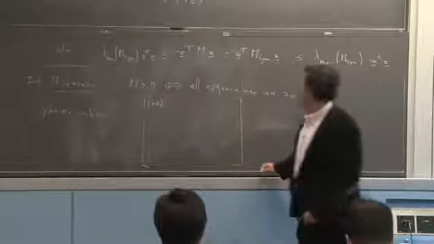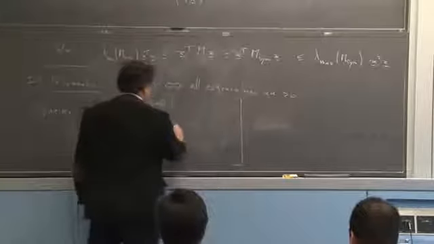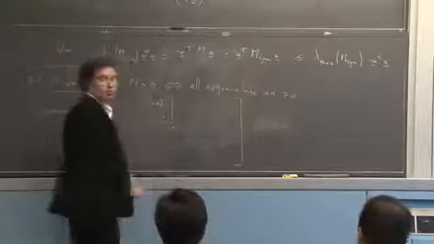Then you look at the 2 by 2 determinant that follows. So this is a 2 by 2, and that determinant has to be positive.